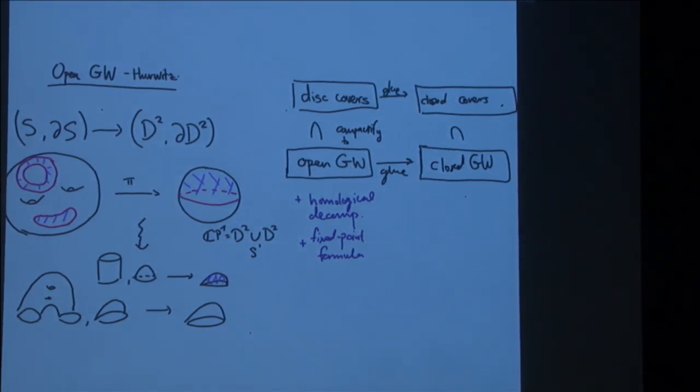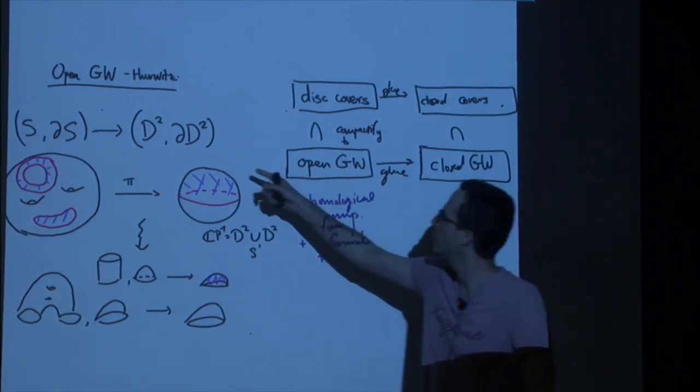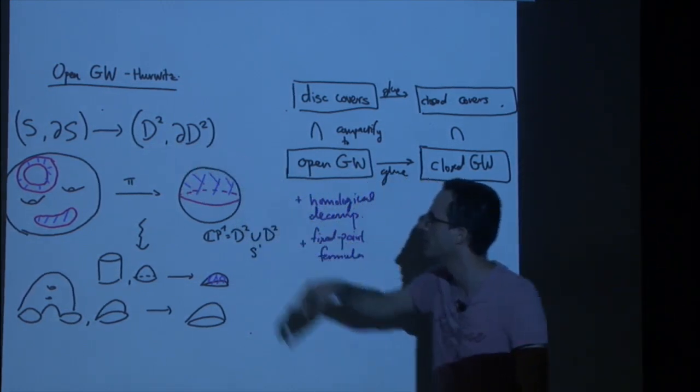These are just holomorphic maps from a Riemann surface S with boundary to the unit disk, such that the boundary of S maps to the boundary of the disk, and the map is not constant on any component. So it's pretty similar to the definition we had before. And you can count the number of such branched covers that don't have any branchings on the boundary of the disk.